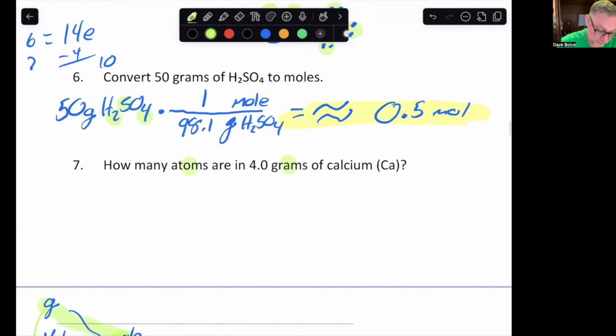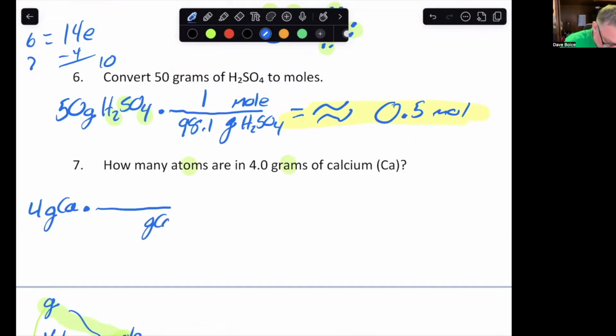So I've got 4 grams of calcium. Not a lot, but let's do it. Okay, whatever goes up must come down. So grams of calcium. And remember, grams can't go to another measured quantity. So really my only choice is moles of calcium. Okay.